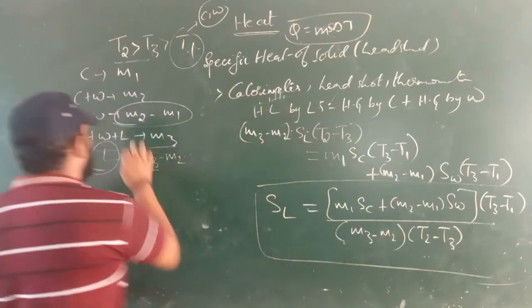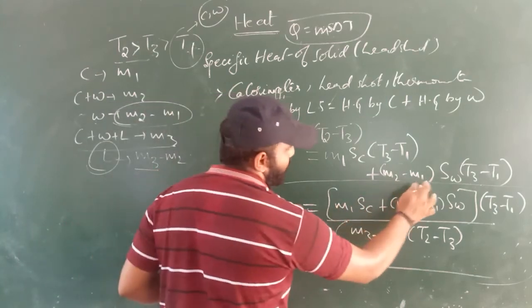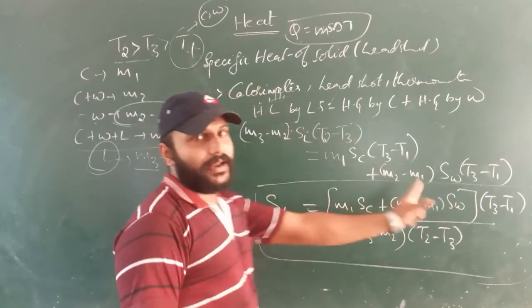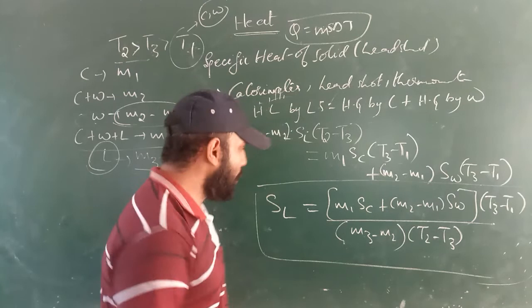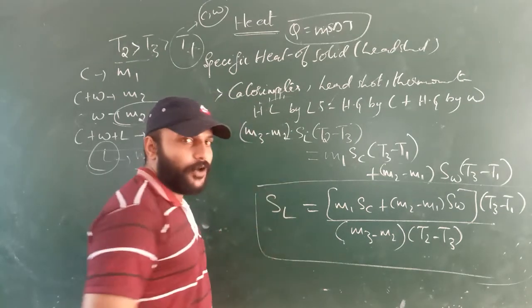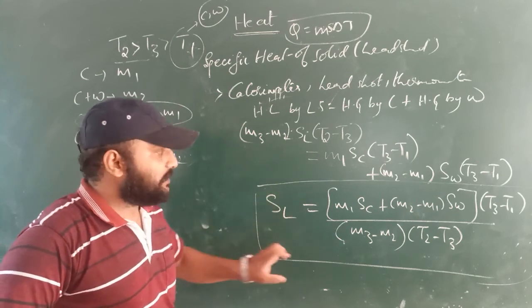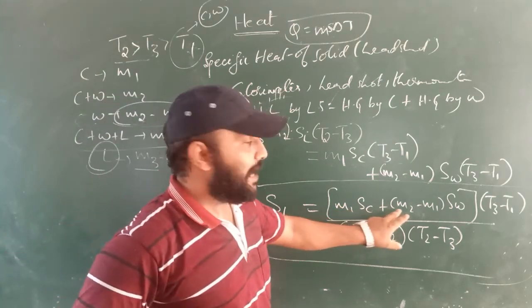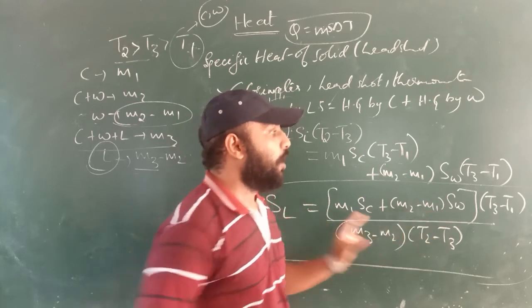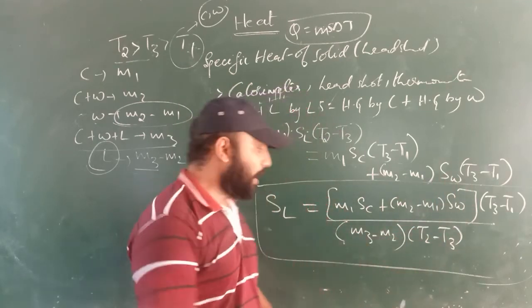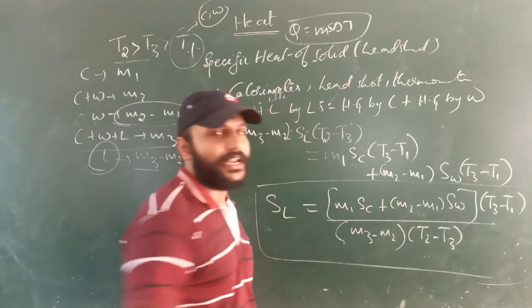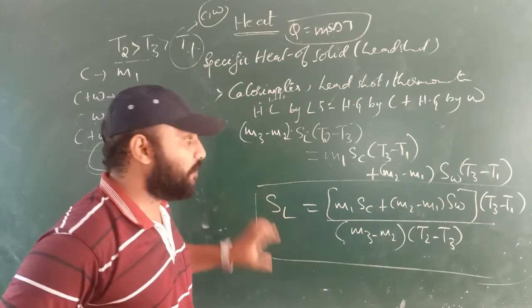The mass of water is M2 minus M1, times the specific heat of water, times T3 minus T1. So what is the formula we have got for the specific heat of the solid, lead shot? SL is equal to M1 SC plus M2 minus M1 into SW, whole times T3 minus T1, divided by M3 minus M2 into T2 minus T3. This is the specific heat of the solid.